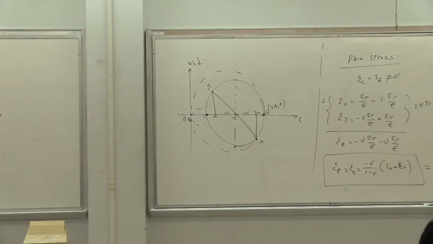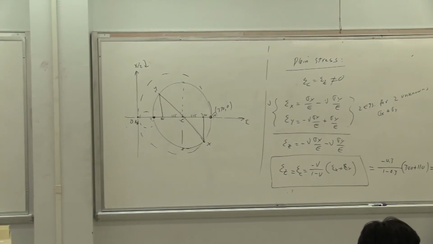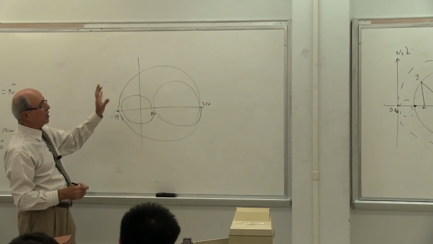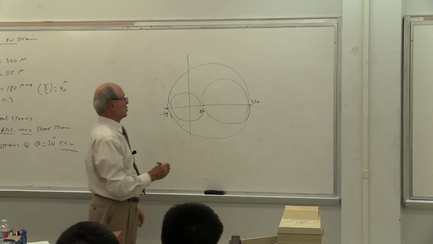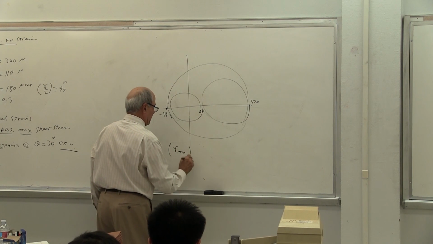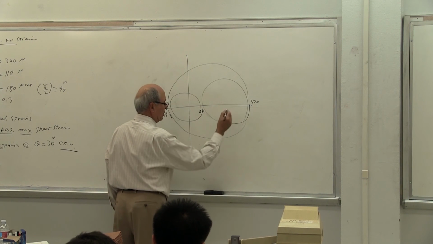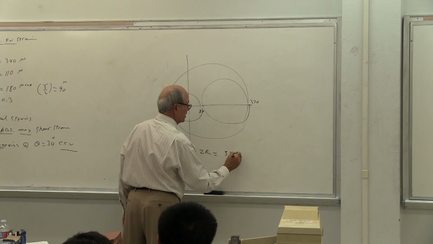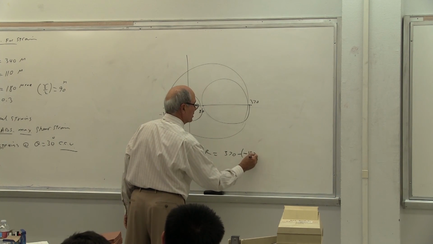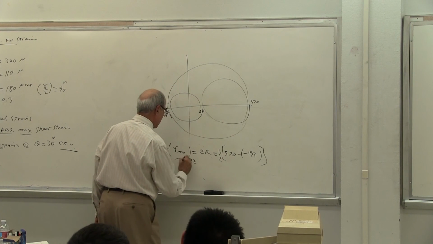Then you put another circle here. This is the larger circle again. The larger circle is between x and z, but this one is plane stress. So therefore, gamma max becomes equal to 2r in the xz plane, which is actually equal to 370 minus 103. No, remember, there was 1/2 here and 1/2 here.